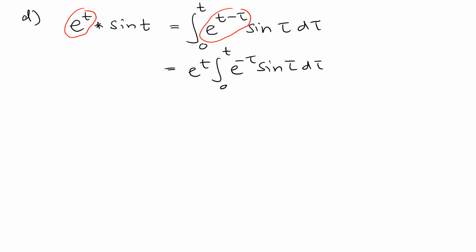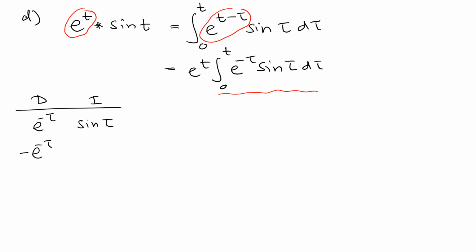And then what you need to do is evaluate this integral. We can evaluate this integral separately and then plug in here. So to do that, we can write the table for those two. We can start with d and I. In this particular integral, it does not really matter which one you pick as d and I. So let's go with e to the negative tau as d and sine tau as I. So take the derivative, which is negative e to the negative tau.